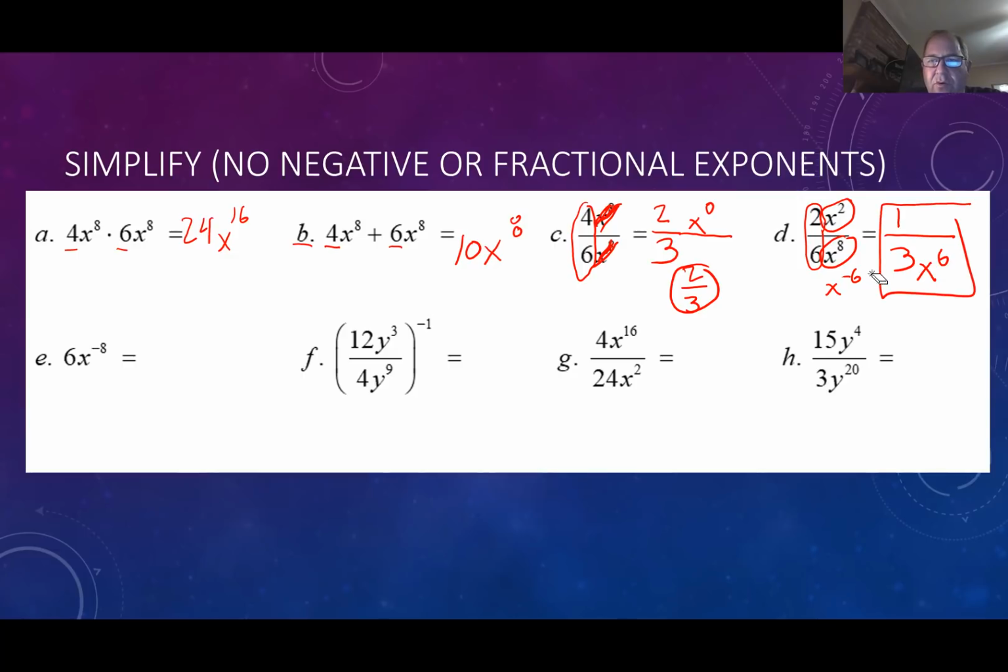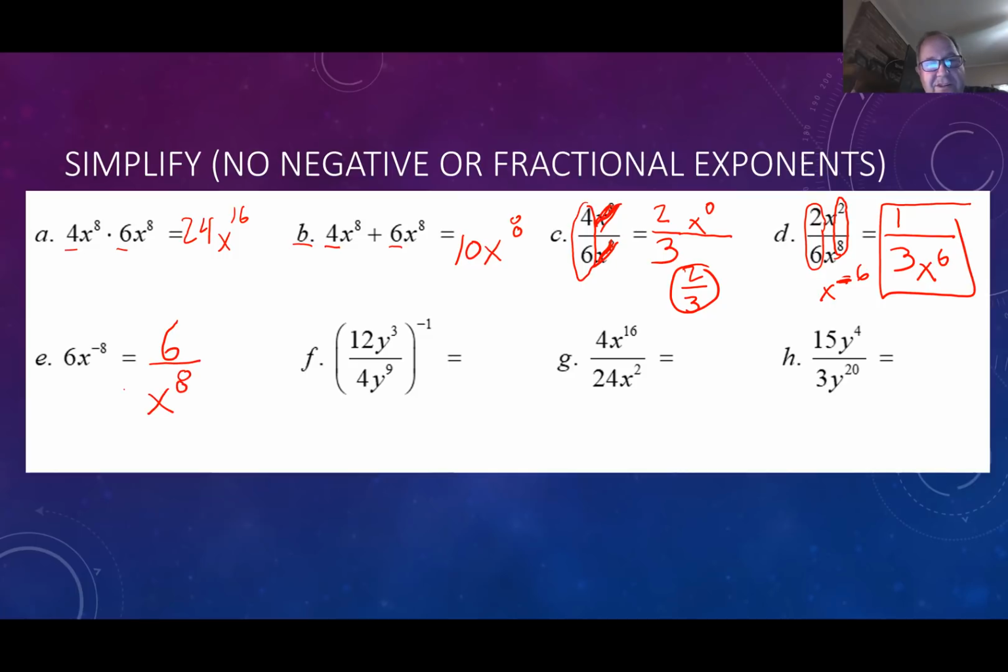But I think a quicker way to do this one is to ask, where are there more x's? I think in the denominator, and I think there's 6 more of those. The only thing you've got to be careful of is to make sure those exponents are always positive when you do that. Subtracting will never fail though, right? You can subtract those powers and get x to the -6 and then place that in the denominator to become positive.